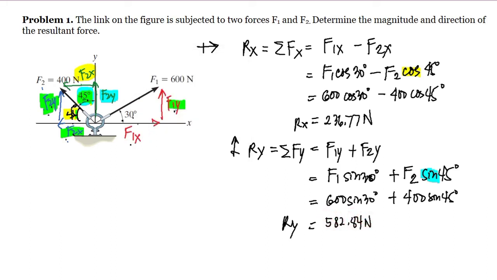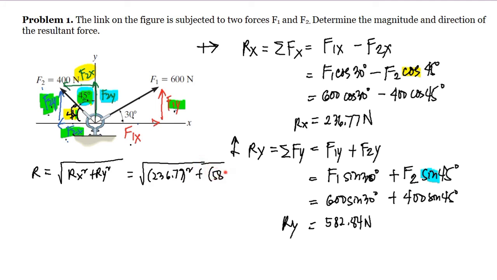Now, if we are going to compute for the resultant R, R is equal to the square root of Rx squared plus Ry squared. So this is equal to the square root of Rx, 236.77 Newton squared, plus Ry, 582.84 Newton squared.